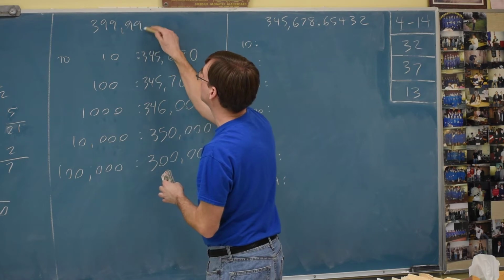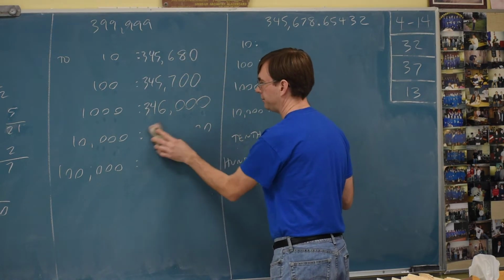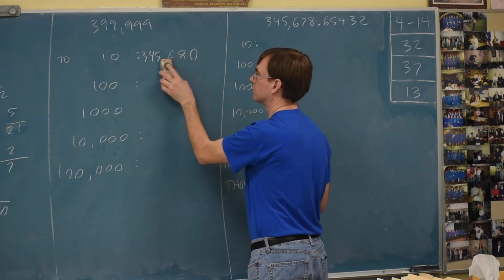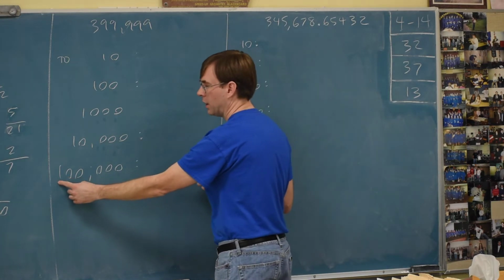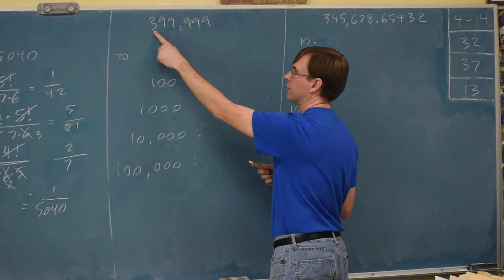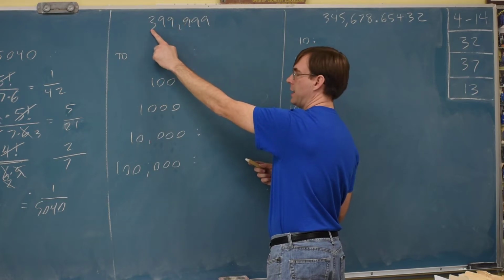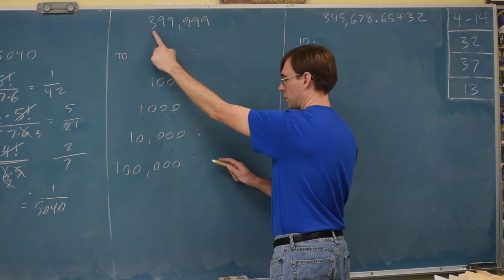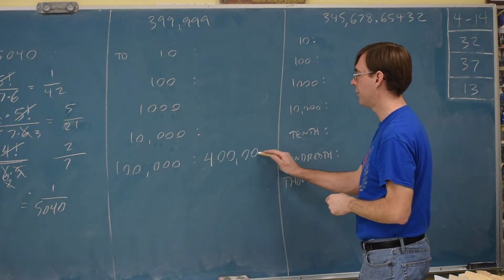So if I threw you this, a weird thing happens on that one. Let me start at this end and work back. 100,000 is here. The 3 would depend on looking to the right, and the 9 would push the 3 up to 4, and we'd zero everything out that's on the right.